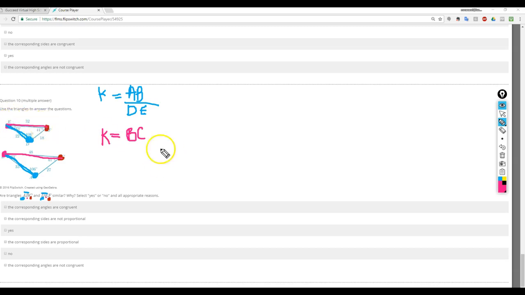So that's going to be EF. And you notice it's listed right here, B to C and E to F. And then our last scale factor that we need to check is going to be connecting our third vertex to our first vertex in both triangles. So that's going to be C to A in our original, divided by F to D.